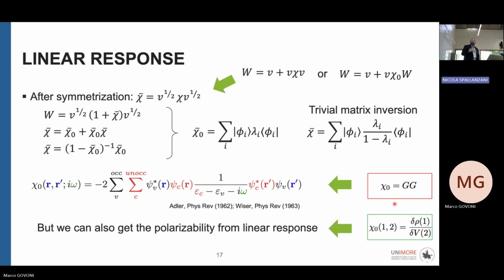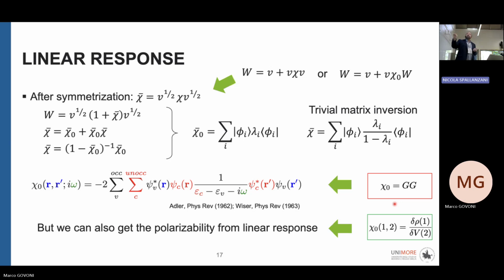This means that it sums over all possible ways of exciting one electron from valence and putting it to conduction. So you need to access not just all the valence states, but also, in principle, all the empty states. And the only factor that really helps you in truncating this summation over unoccupied states is this 1 over the energy difference. So whenever the energy difference is too large, then the contribution decays.